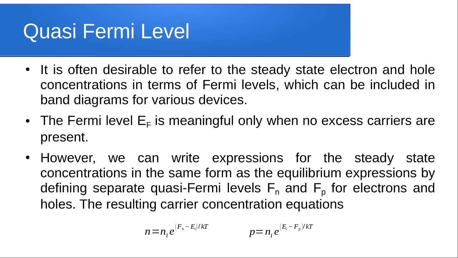With that, we have seen how the excess carriers are being generated and how they are recombined back. Now, because of these excess carriers, we need to make a change in the Fermi level. Fermi level, as I had mentioned earlier, is a level where the probability of finding electrons is 50%.